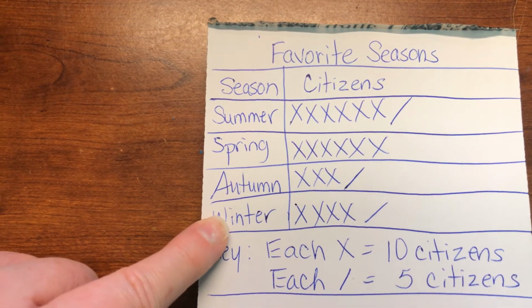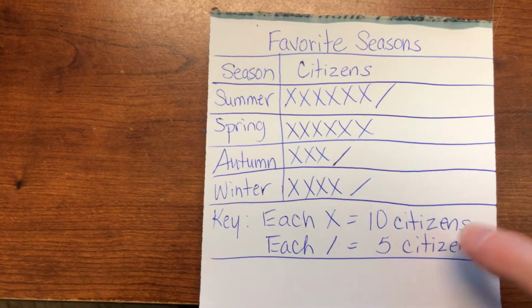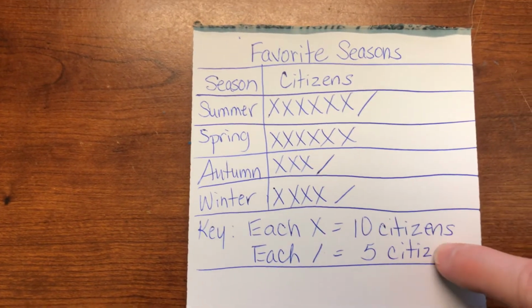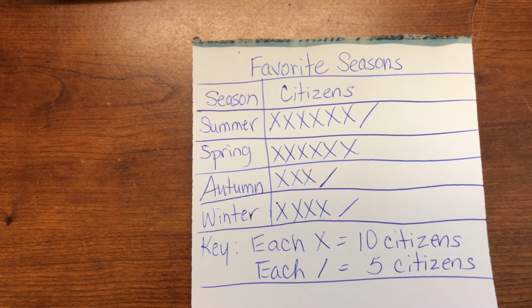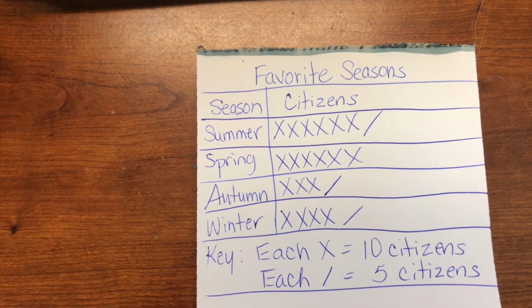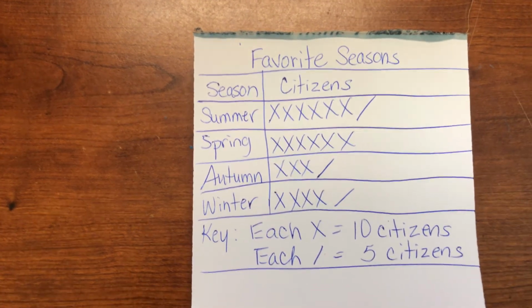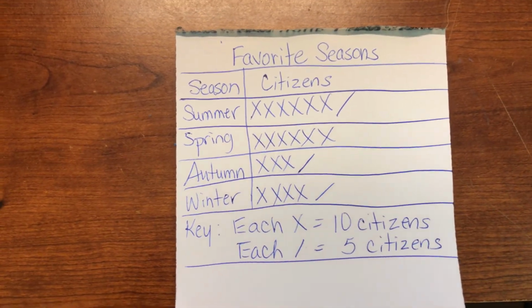Now, what if I told you to use your symbols and your key, and I wanted you to increase the number of citizens who preferred autumn by 15. So whatever it has, I want you to increase it by 15.